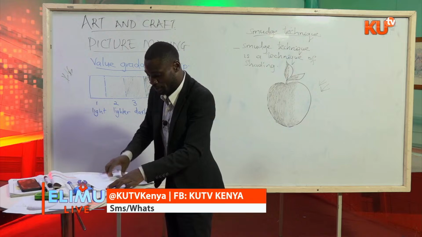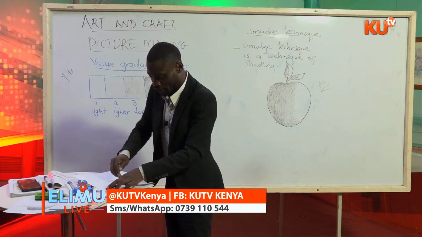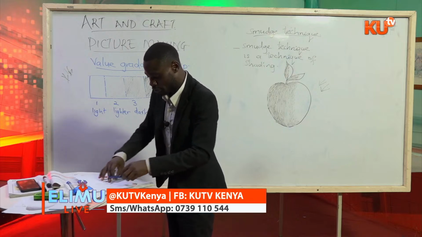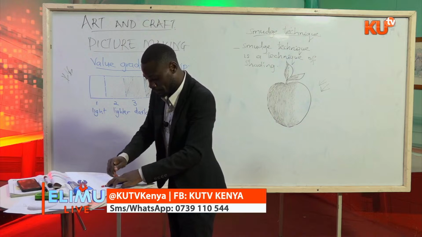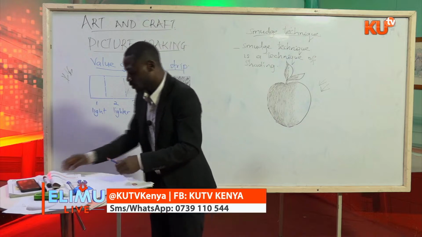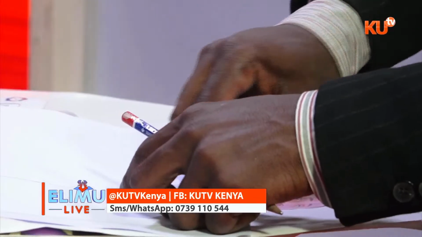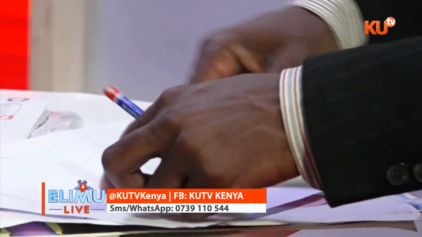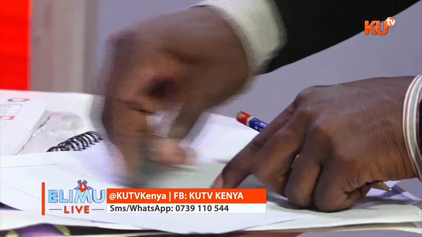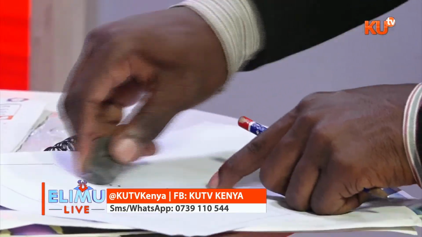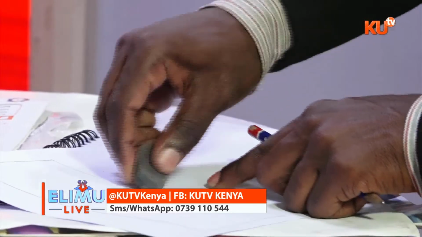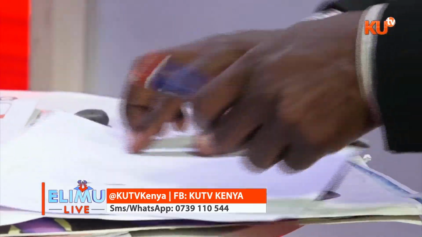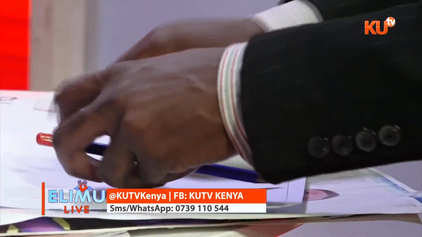Make sure the lines of your frame are straight. And where you go wrong, you have to correct using a rubber. They say no one is perfect, so you must have a rubber. Don't just assume that you are perfect.